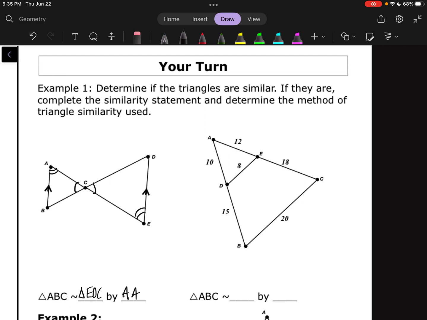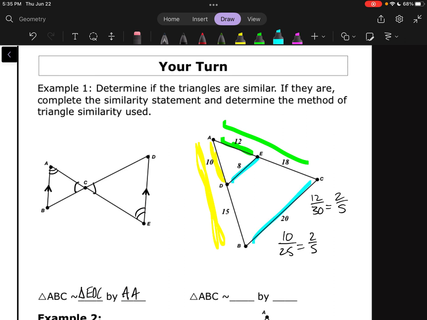Now this one, what are we thinking here? Well, let's pair some stuff up. This side on the small triangle would go with this side on the big one. So that would be 10 over 25, which reduces down to 2 over 5. Then 12 to 30 divided by 6 would be 2 over 5.